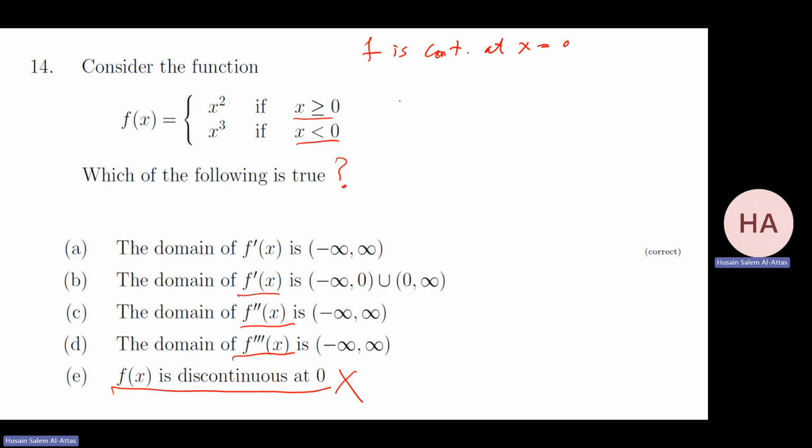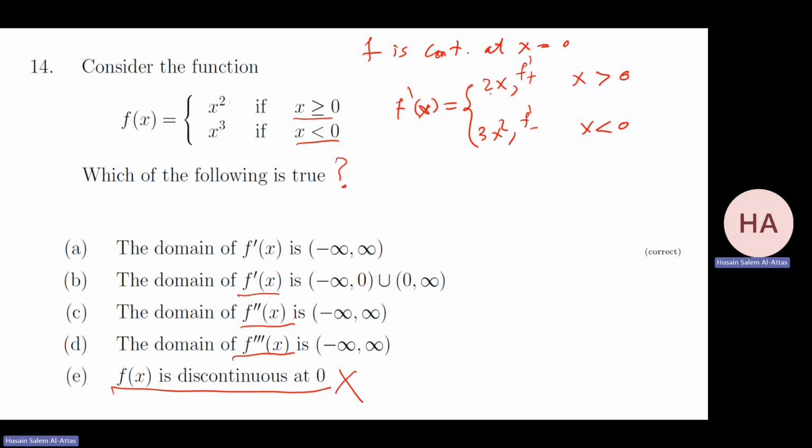How to find f prime? As we did before, just take the derivative with respect to x. If x is greater than 0, 3x squared. If x is less than 0. Look, I did not put the equality. Now I check. As x equals 0, that will be this. As I said before, this represents f from the right, and this represents f from the left.